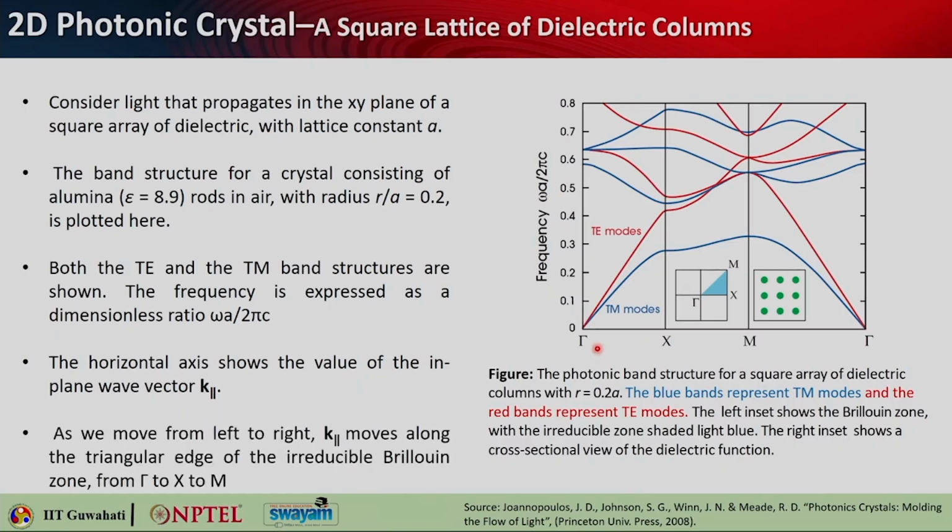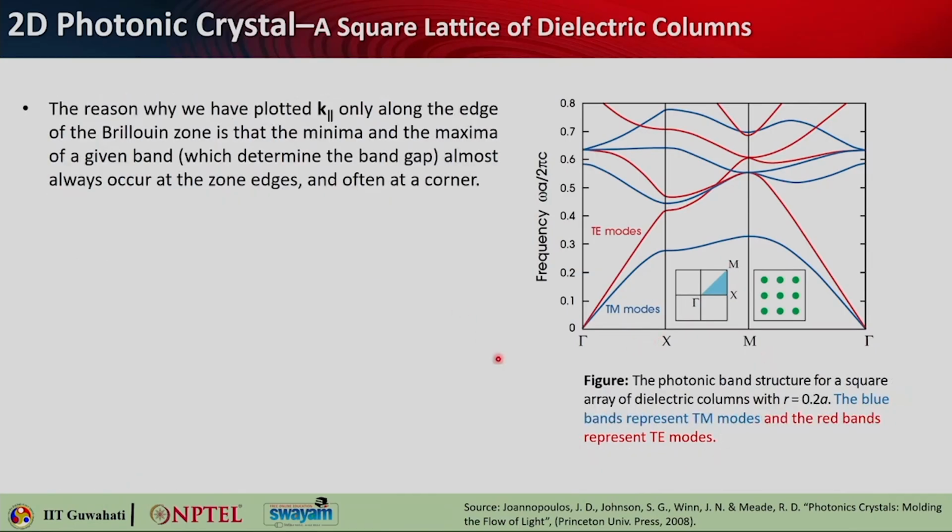Now as you move from left to right, k parallel moves along the triangular edge of the irreducible Brillouin zone, from gamma to x to m to gamma, as I have already discussed. The reason we plot k parallel only along the edge of the Brillouin zone is that the minima and maxima of a given band, which determine your band gap, almost always occur at the zone edges.